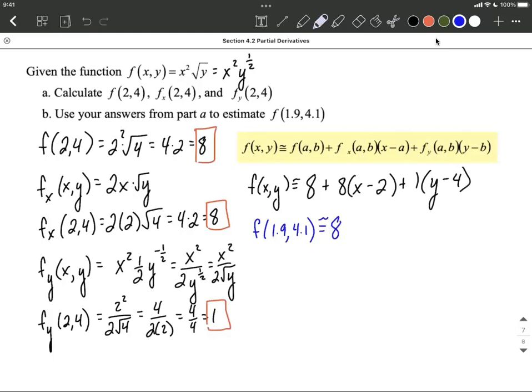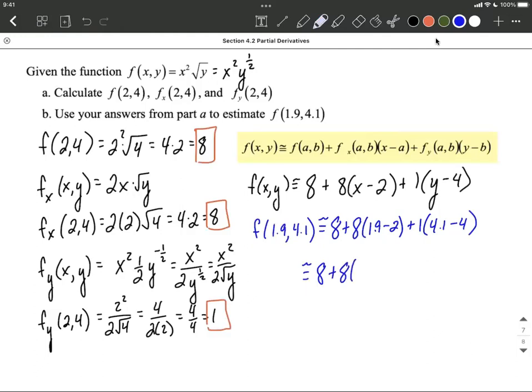So that's going to be 8 plus 8 times 1.9 filled in for the x, minus 2, plus 1 times y filled in with 4.1 minus 4. So our estimation can be 8, reducing down a little bit as we go here.